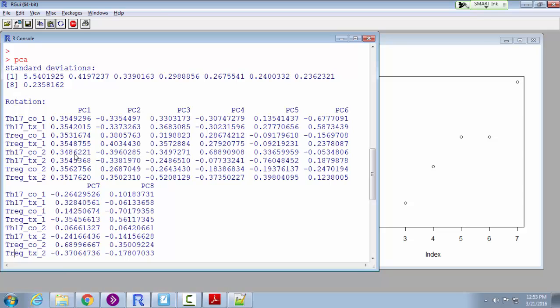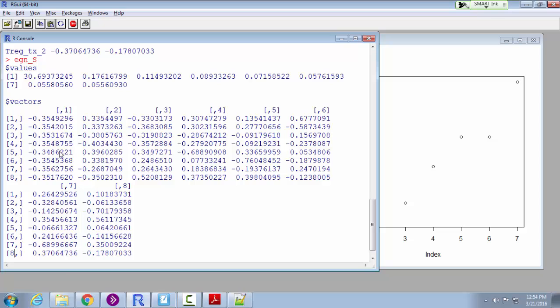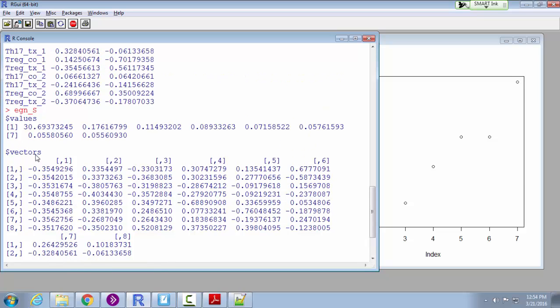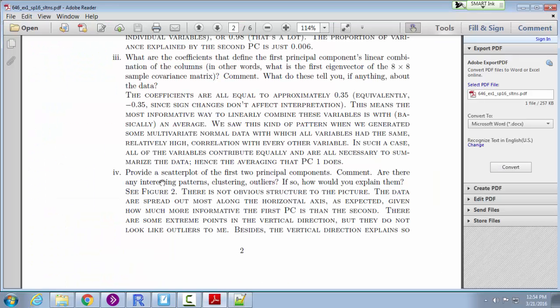Negative versus positive does not affect the interpretation. This is saying the first PC is basically an average. This is saying the exact same thing. So that's all we've done with prcomp: this decomposition of the covariance matrix. And then provide a scatter plot.